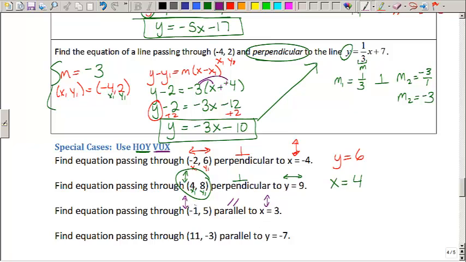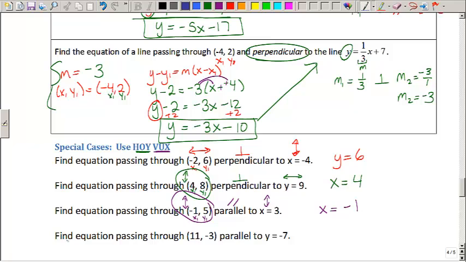Well, another vertical is parallel to a vertical line. So my equation is x equals some number. Which number am I going to use? Well, I'm only given 2 numbers. I need to find a vertical line passing through these points. So that's going to be x equals the x-coordinate, or negative 1.